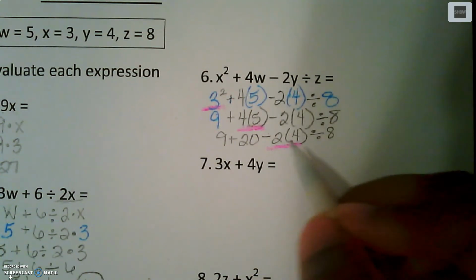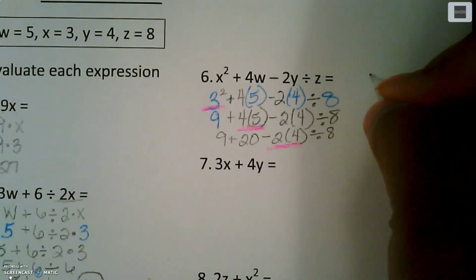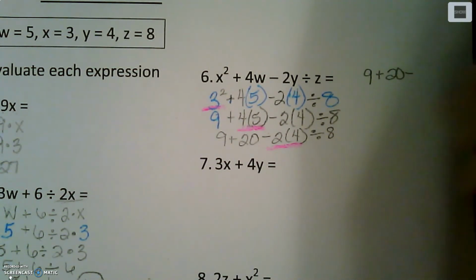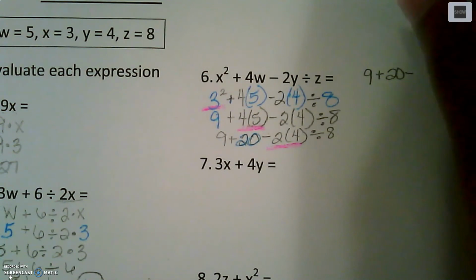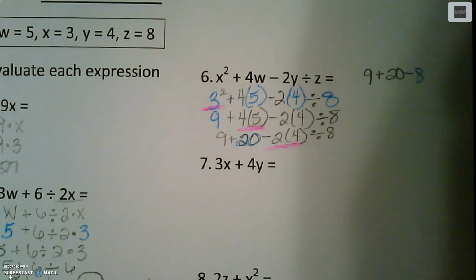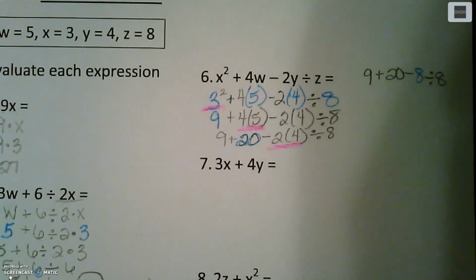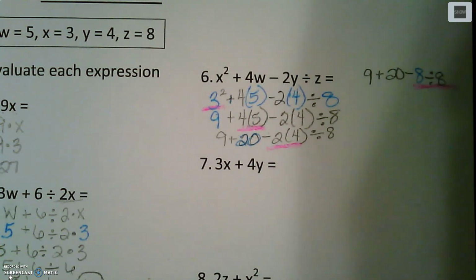The next operation I'm going to do again is multiplication. So I'll move this up here. Just rewrite 9 plus 20 minus, oops, I didn't write that in blue. 2 times 4 is 8. And then rewrite divided by 8. Next operation is division.